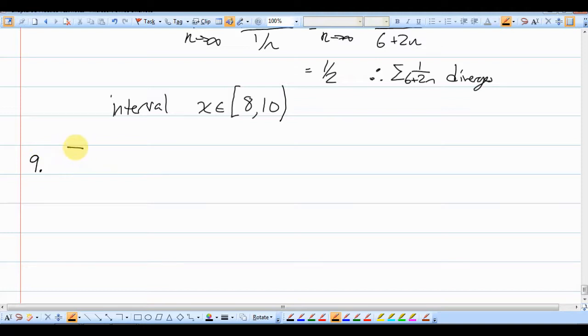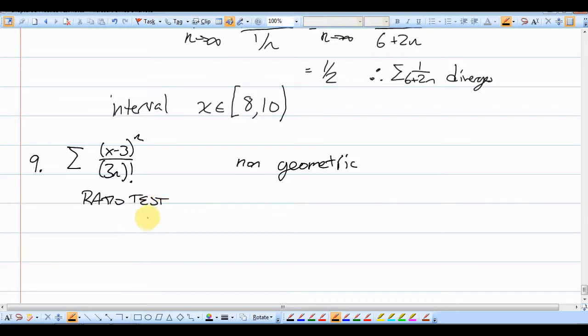Okay, so let's do this. We got x minus 3 to the n over 3n factorial. Okay, the factorial makes it not geometric, so we utilize a ratio test. Limit as n approaches infinity.